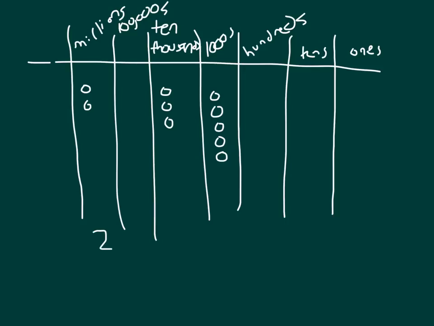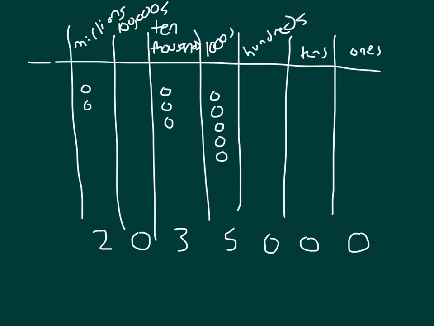Put a 2 there, a 0 there, because there are no 100,000s. We have 3 there. We'll put a 5, it looks like, for the thousands. And then we still have to have placeholders where there's zeros for the ones, tens, and hundreds.